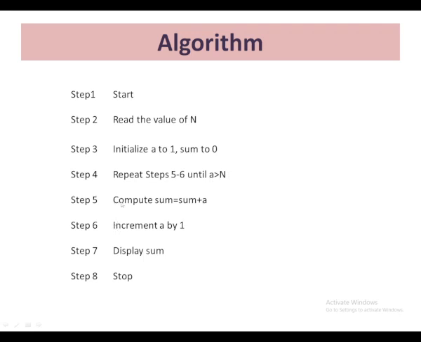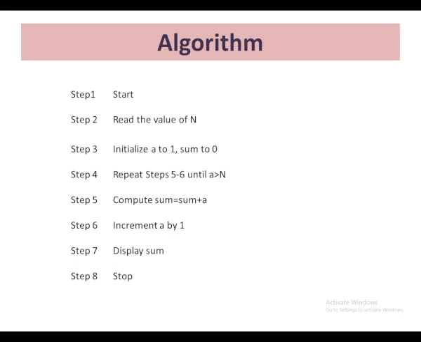After performing 5 and 6, again it will come and check whether a is greater than n. If it is false, it will again do 5 and 6 and check again. This is how the process is repeated, which in computers we term a loop. Once a is greater than n, it will come out to step 7, which is displaying the sum.